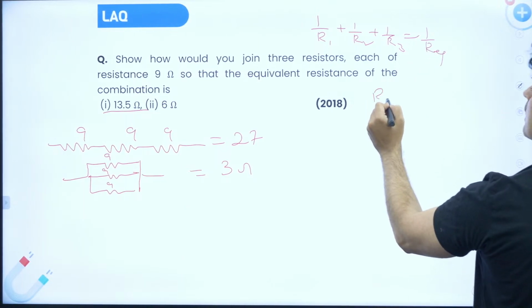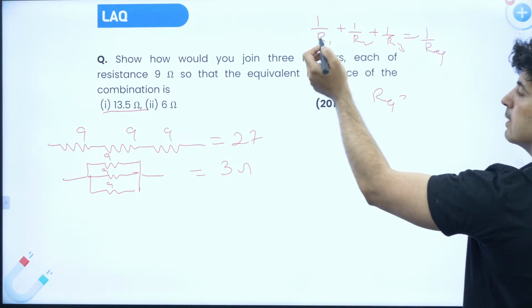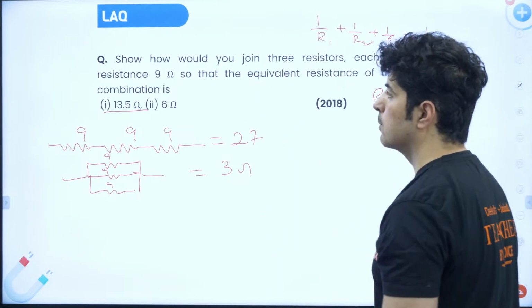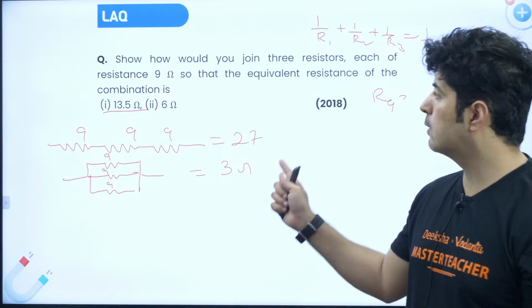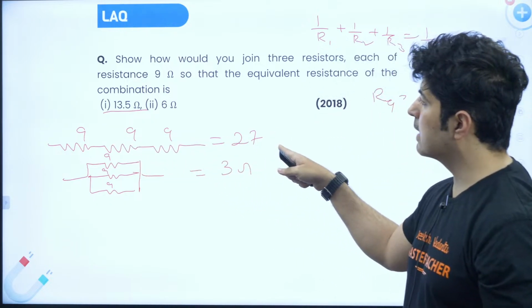So it is 1 by 9, 1 by 9, 1 by 9. So it becomes 9 by 3 and you get 3 ohms. Now we need to see, so all 3 cannot be in series.